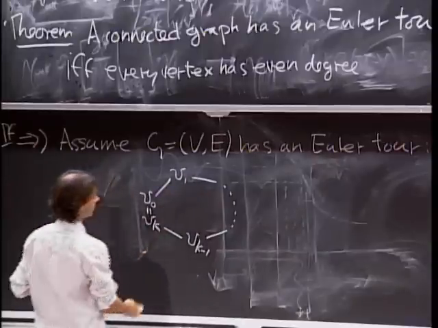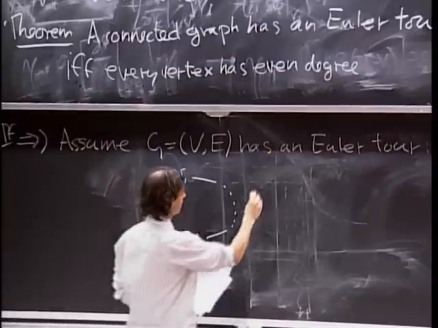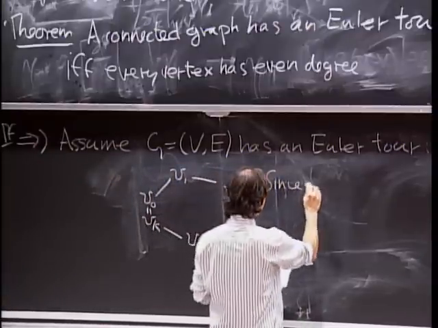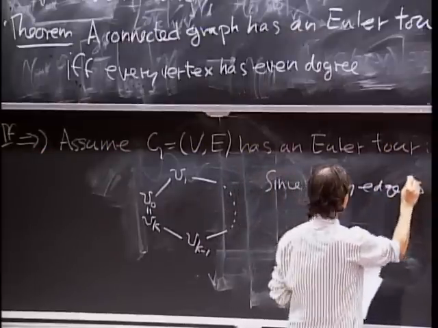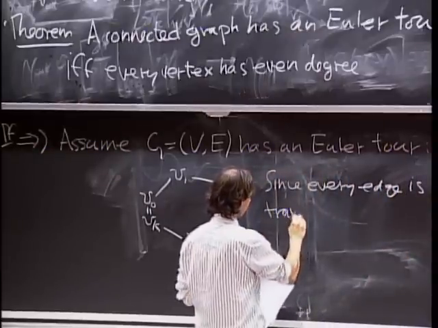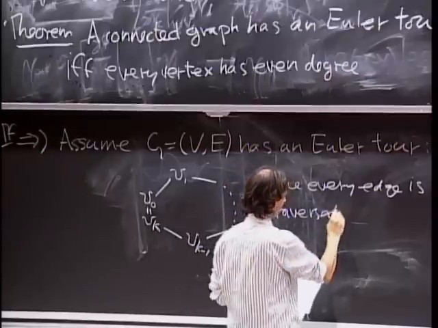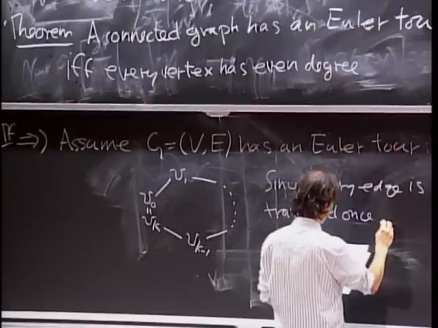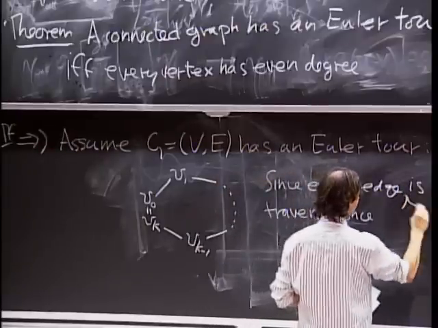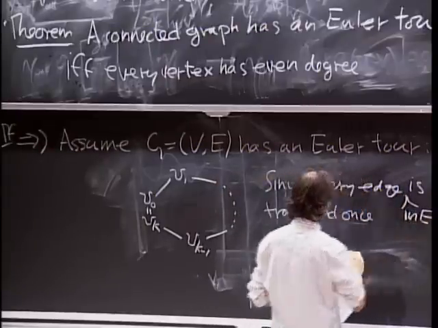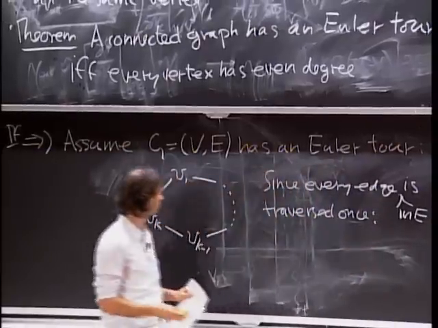So what does it mean? So let's write this down, actually. So since every edge is traversed once, every edge in E is traversed once. What can we conclude from that?